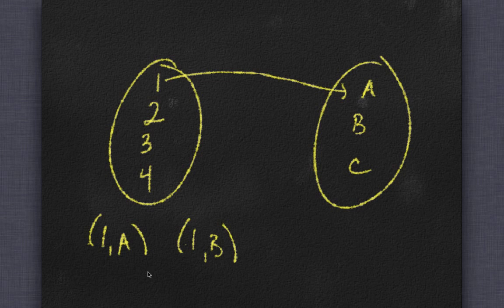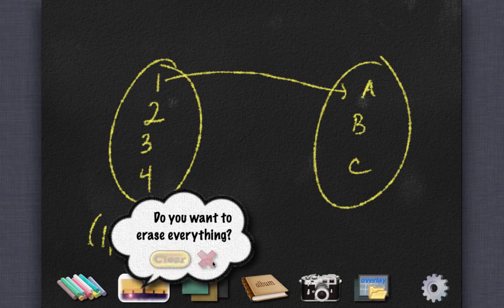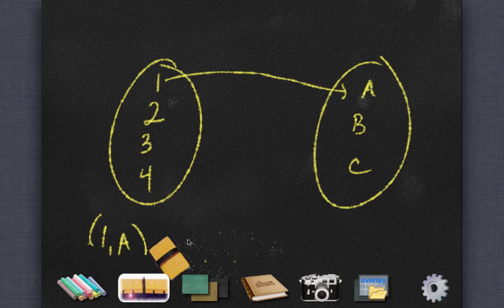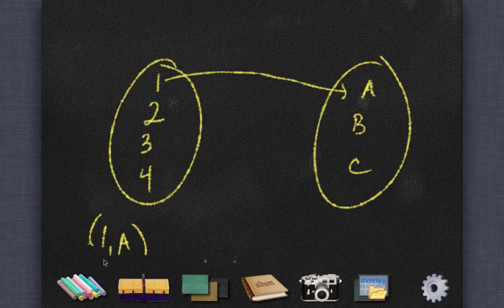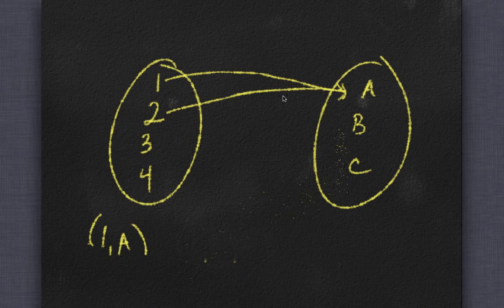But if I don't have that, and everybody only gets 1 arrow, then it's a function. So 2 can also go to A. This is okay because this is like Robin Hood, right? So the arrow got split, but that's fine. Nobody cheated. So 2A is also here.